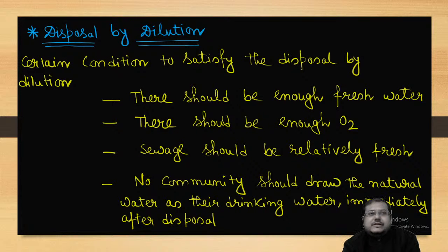There should be enough oxygen so that the oxygen will remain the freshness of the wastewater, oh sorry, the river water. Sewage should be relatively fresh, otherwise the nuisance potentiality of the stale sewage is higher. If the sewage is not fresh, then the nuisance potentiality will be higher. It will create more problems to the natural water body.